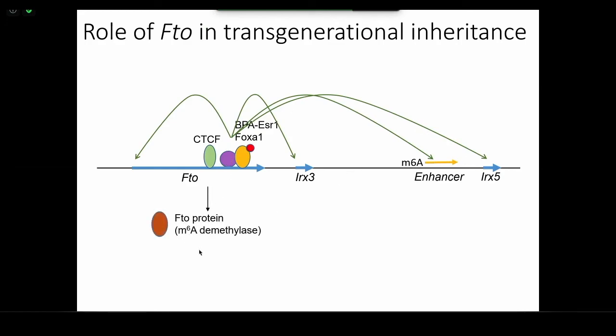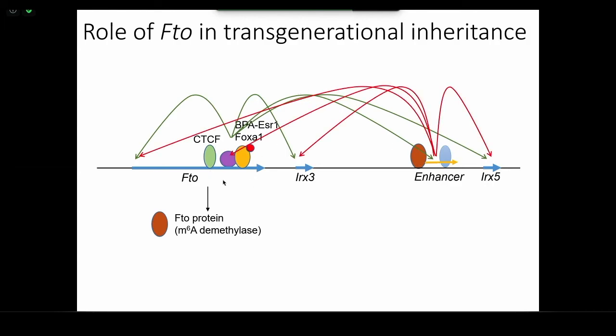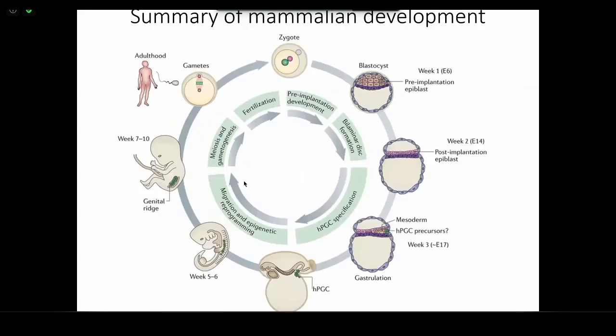Now, FTO encodes this demethylase, and that demethylates the enhancer RNA, and then this region becomes more accessible, and it can recruit all the transcription factors, probably the androgen receptor based on the Hi-C information, and that now increases interactions with the neighboring genes.